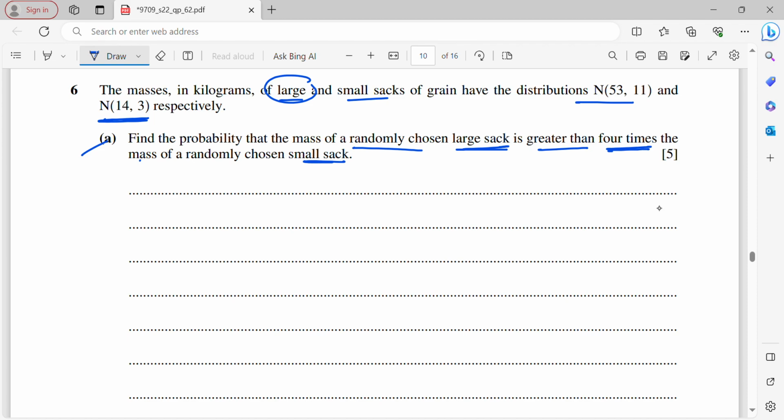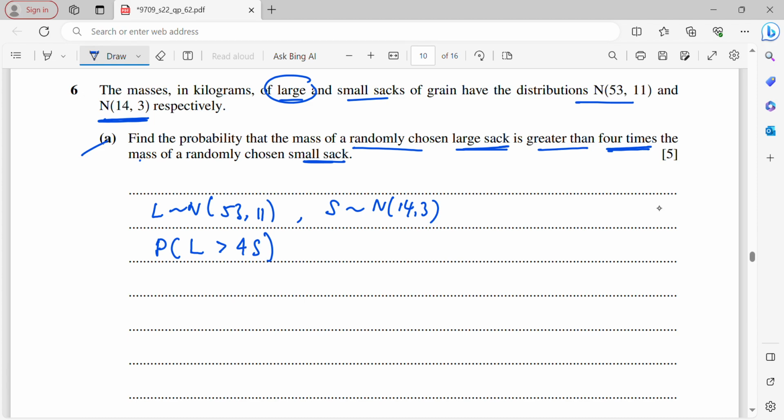Okay, so now let's say the large is L, normally distributed 53, 11. Then the small is S. So now you need to count the probability that the large is greater than 4 times the small sack. Right?